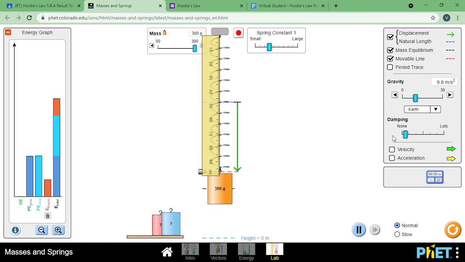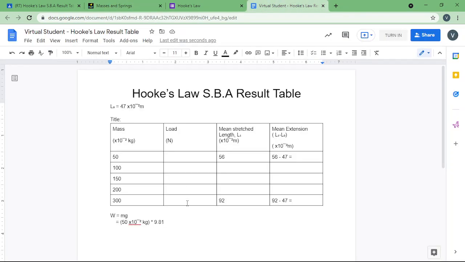That's what we're seeing here, 9.8 meter per second square. And then your answer for that will go there. Good. And then you would have that.